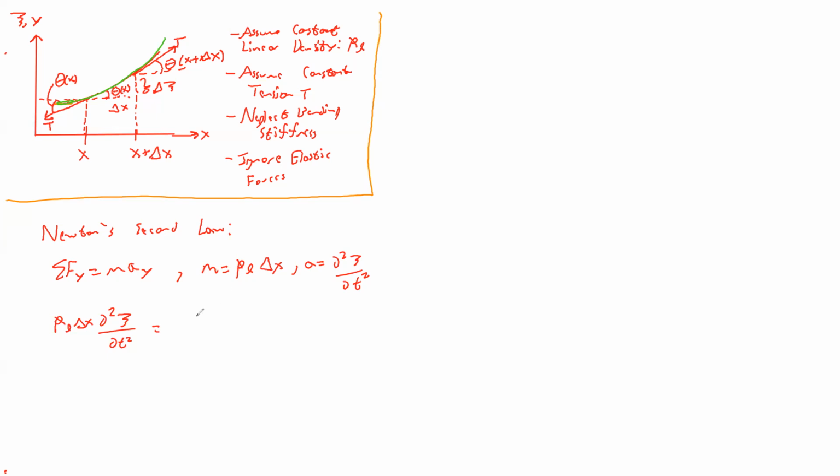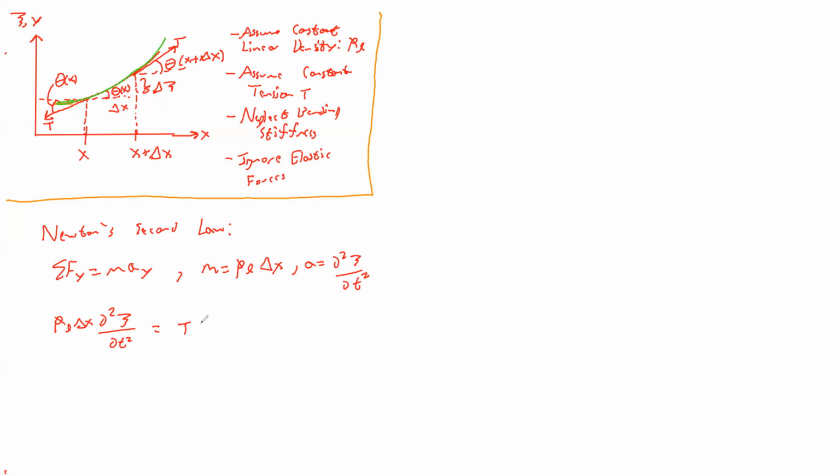So the only forces are tension. We have the tension at one end of this element and tension at the other end of the element. And now we're looking at the sum of the forces in the y direction. As such, we want only the vertical projection of tension, which, think back to a triangle, is the sine of the angle here, the way that I've drawn it.